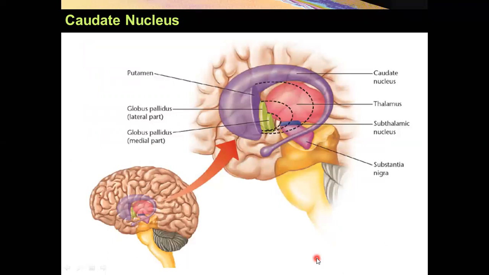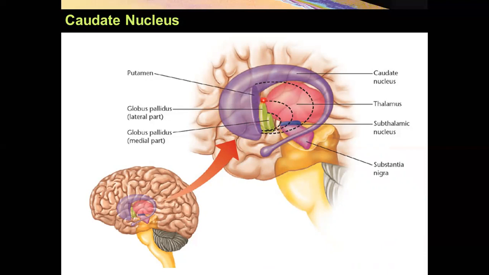Now, this is a nice drawing showing us the relation between the basal nuclei. Look at here. This is the caudate nucleus. So we're looking at the basal nuclei from the lateral view, from the outside. The caudate nucleus and the putamen are almost at the same level.